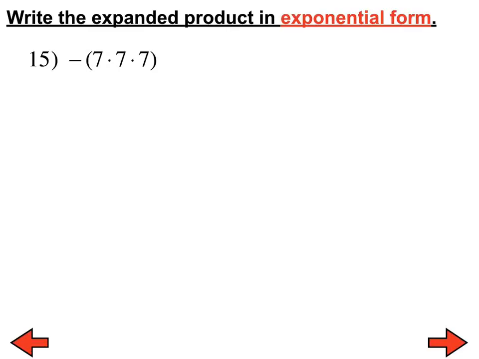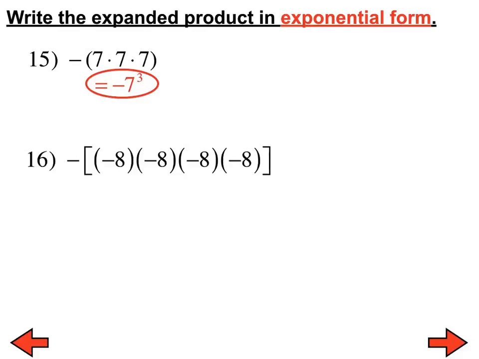So it's not negative times negative times negative, it's just one negative. So how would you write this, Sean? Negative and then 7 to the 3rd power. If you write it like this, that's the same thing, but you don't need the parentheses because there's nothing else in there. It's just one number. Okay.